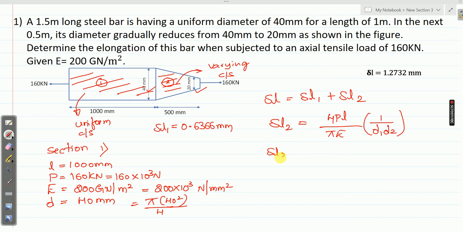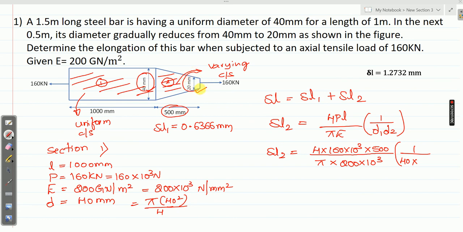Let me substitute. Delta L2 equals 4 into P, 160 into 10 raised to 3, into length. The length of the second section is 500, divided by pi into Young's modulus, which is 200 into 10 raised to 3, into 1 divided by d1, the bigger diameter, which is 40, multiplied by d2, the smaller diameter, which is 20.